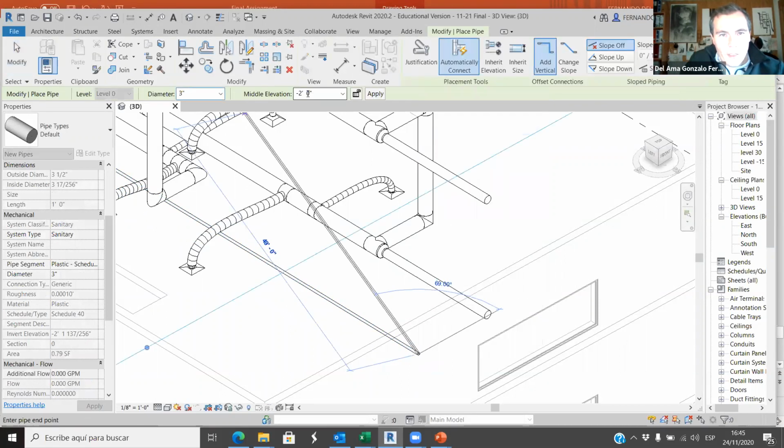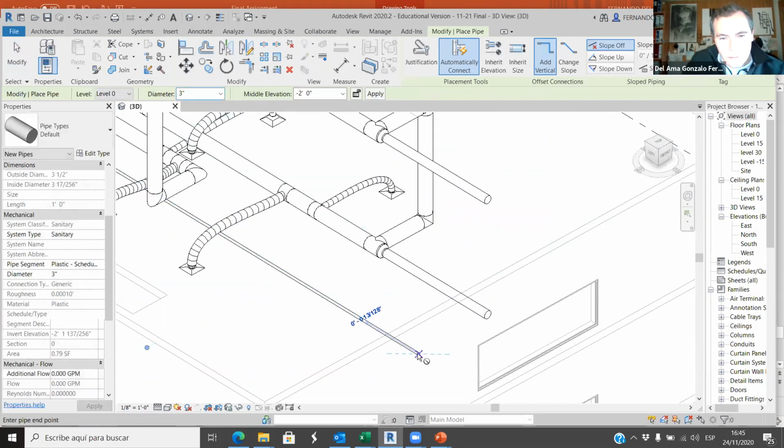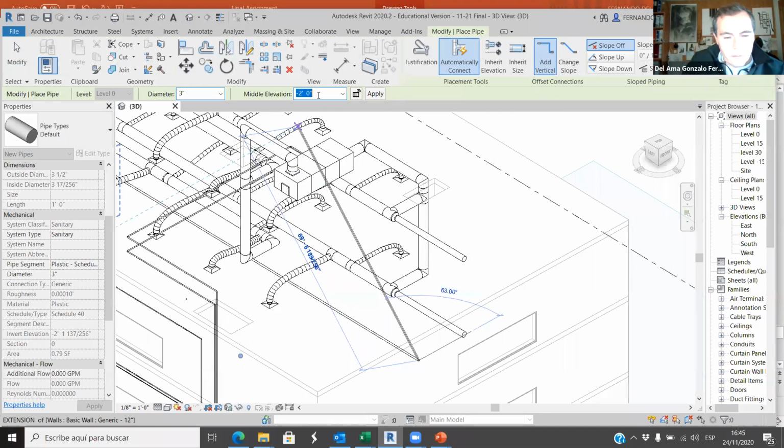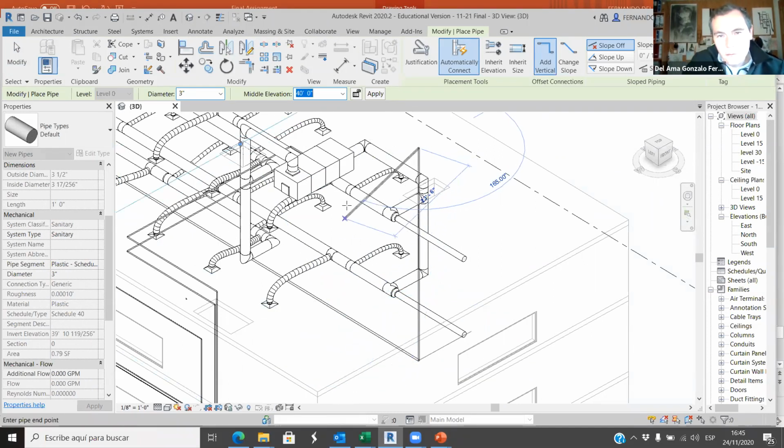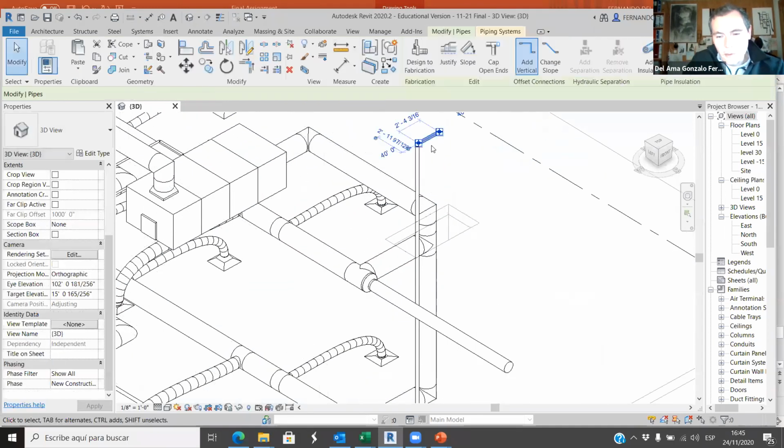Draw pipe, change the elevation, it's 40 feet. There you go. 40 feet. Look at this.